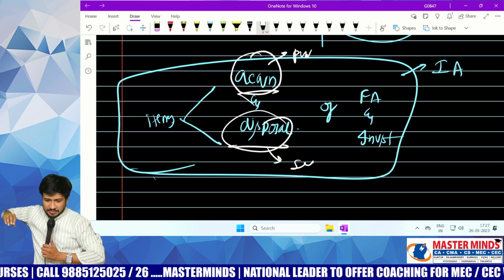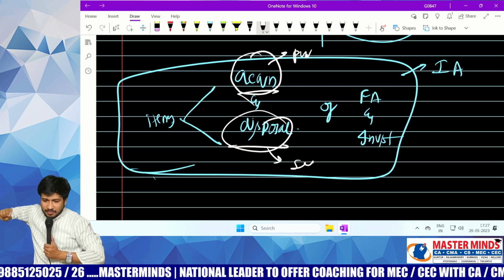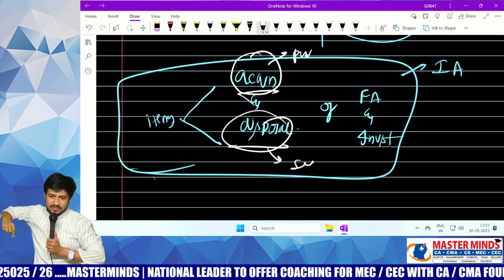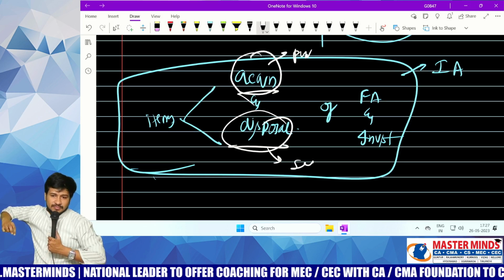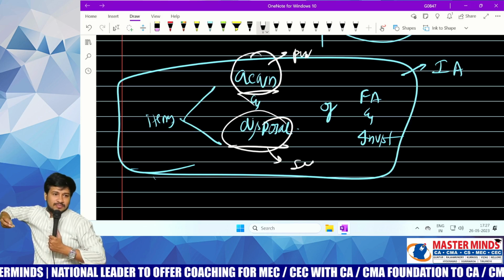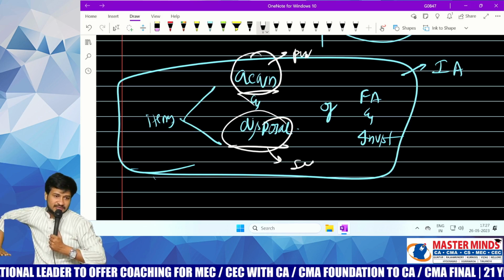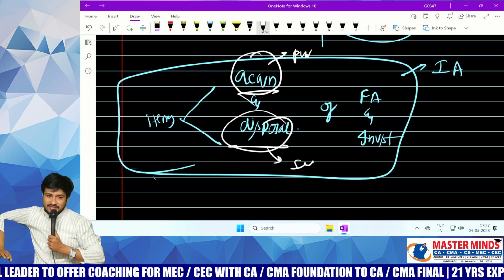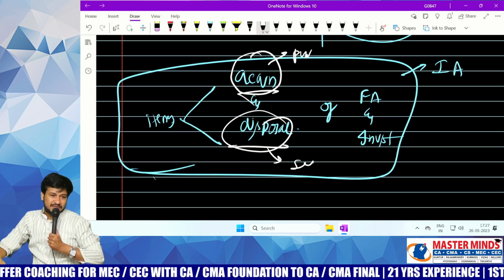Let me proceed. Company deposits some amount into fixed deposit. That's investing activity, because fixed deposit will be treated as an investment.